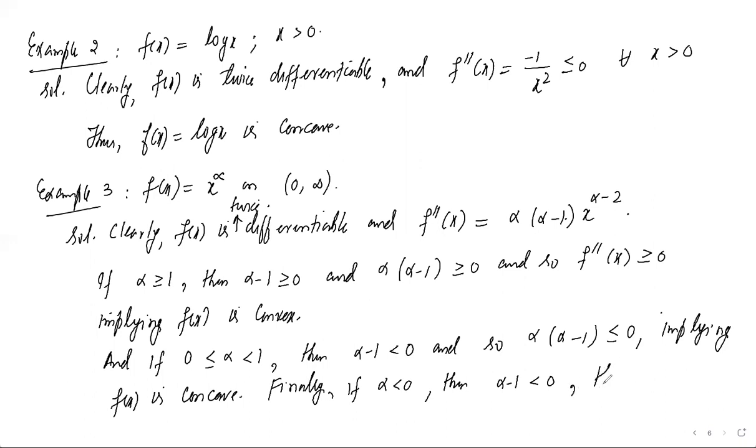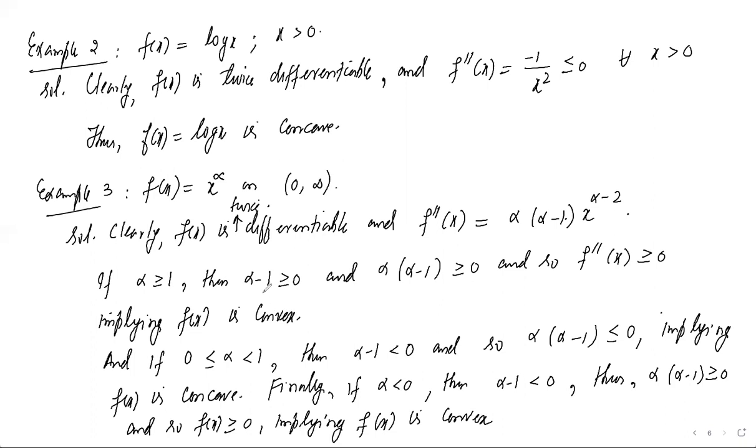So thus alpha into alpha minus 1, when we multiply two negative quantities, we get this is greater or equal to 0. And so f double dash of x is greater or equal to 0, implying f of x is convex.